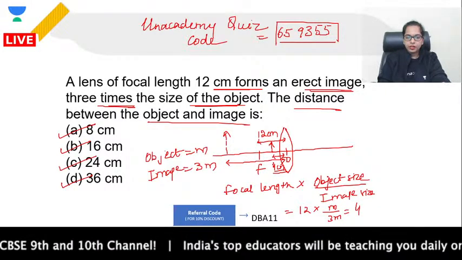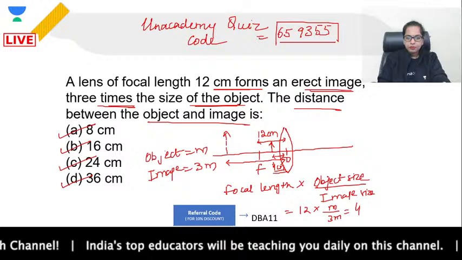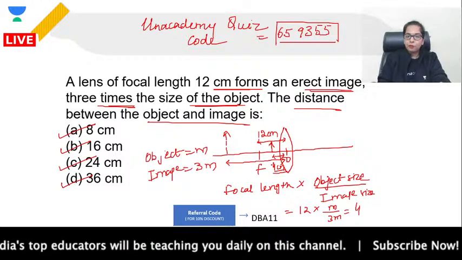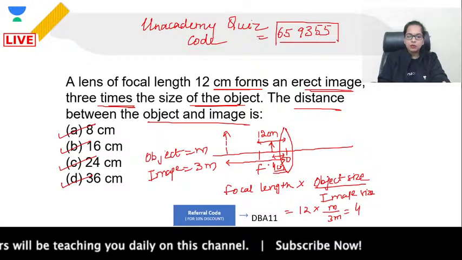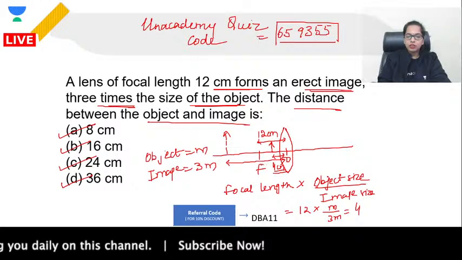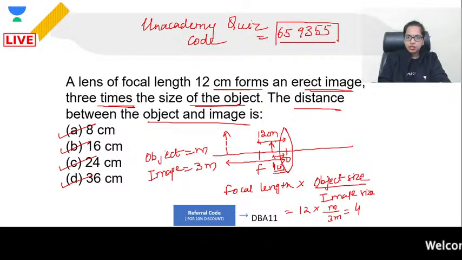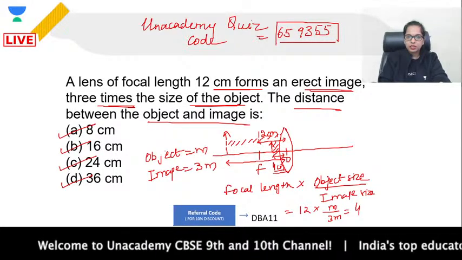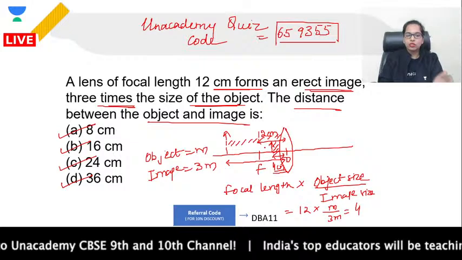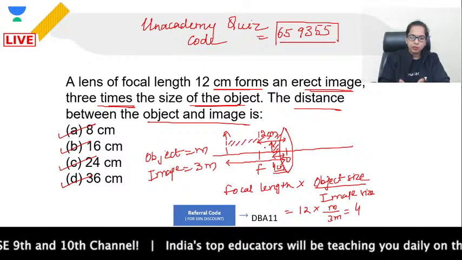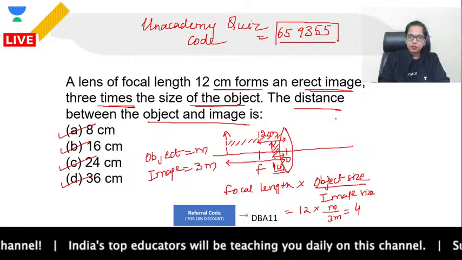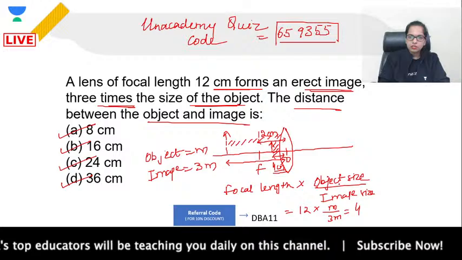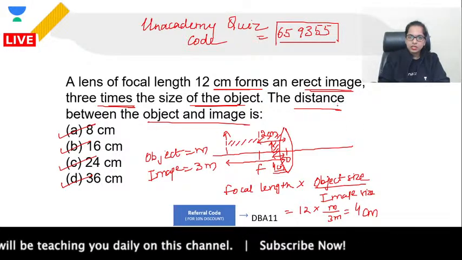So how to calculate it? Distance between object to the image will be equal to the distance of the object to the lens, this one, and plus the distance of the lens and the image, that is, how much distance is between the lens and the image. So if we find both of these, we get to know about it. So simple: the distance between object and the image we have just now calculated as 4 centimeters.